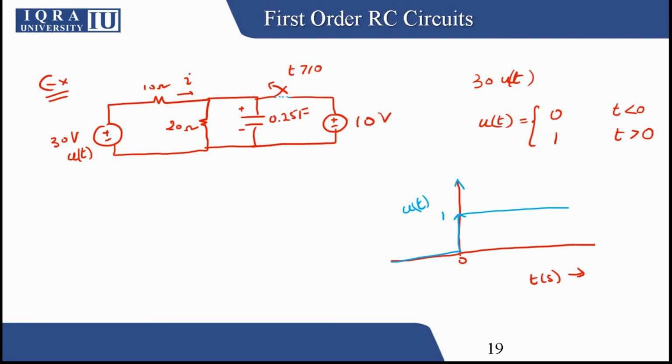So at that time, when the voltage source is 0, we know that the initial voltage across this capacitor is 10 volts because it's a parallel connection. So we can say V naught is equal to 10 volts because this is 0.